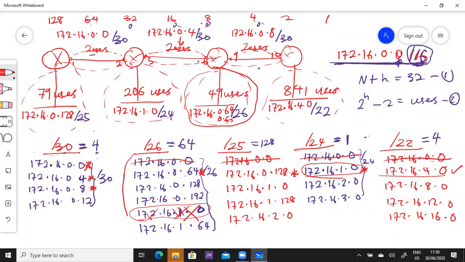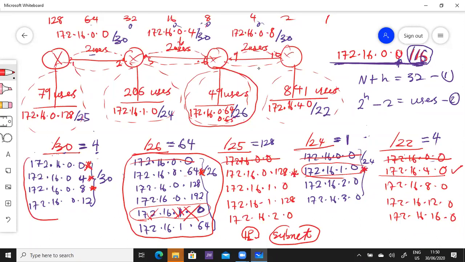All these are subnet IDs. They are not IP addresses. Now you have to know the difference between IP addresses and subnet addresses. IP addresses are the usable addresses that can be assigned to devices inside a subnet. So all these are subnet addresses. Does it answer your question? Yeah, it answers my question.